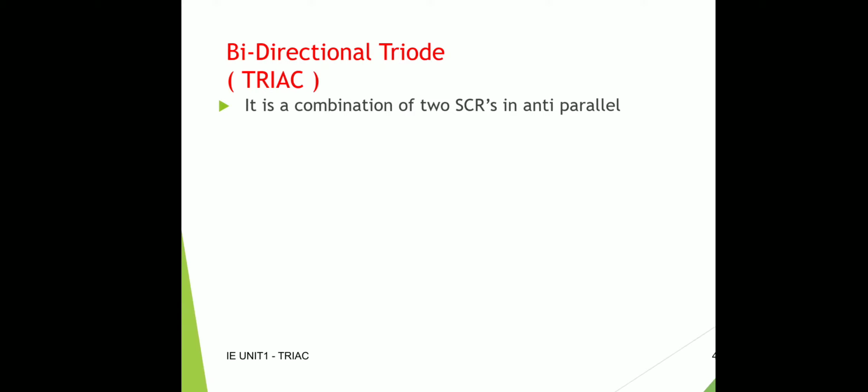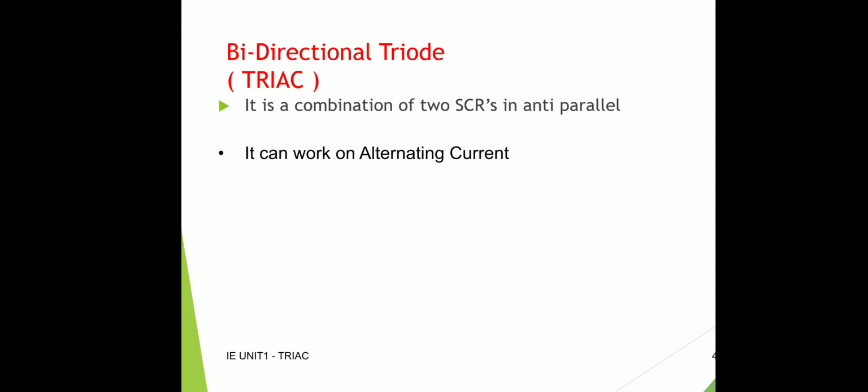The TRIAC is a combination of two SCRs. What is a TRIAC? It is a three-terminal, bidirectional device. It is a combination of two SCRs connected in anti-parallel. That combination can be called a TRIAC.